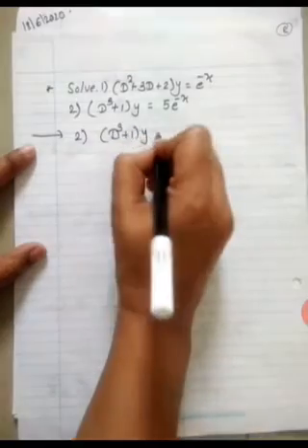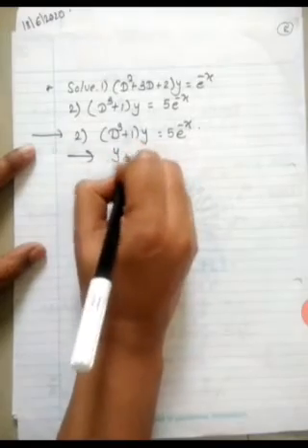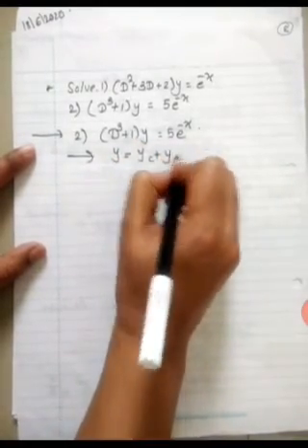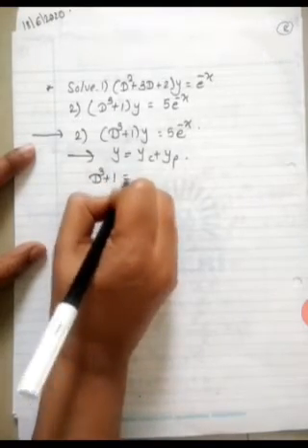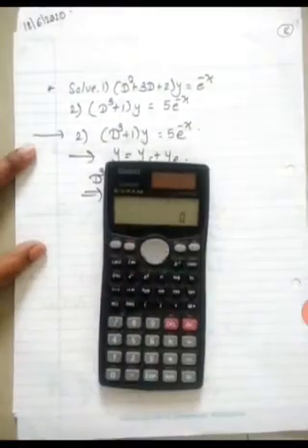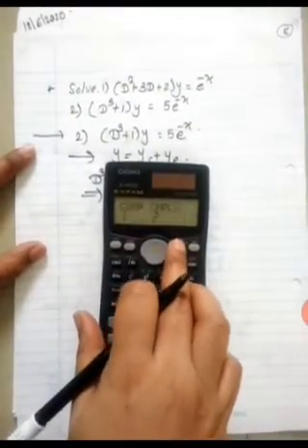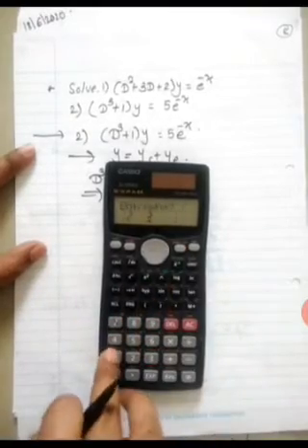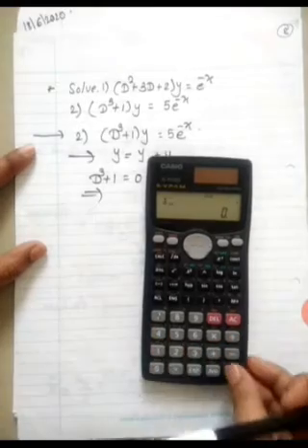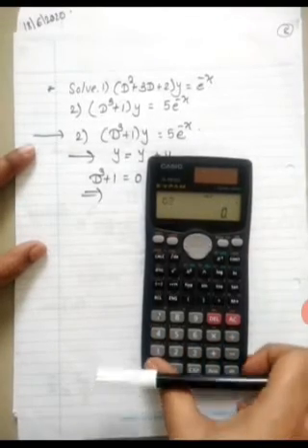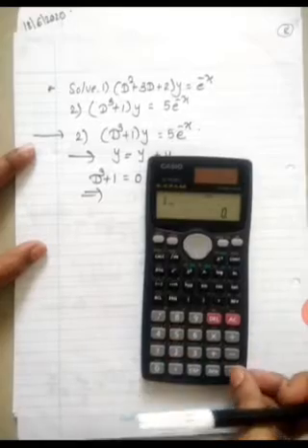Okay, solve the second. So D cube plus 1 y is 5 e raised to minus x, where the general solution is y is equal to yc plus yp. To find yc, you have to consider the auxiliary equation and find the roots. The cubic equation we can easily solve on the calculator. So mode, equation 3, a is 1, b is 0, c is 0 and d is 1.